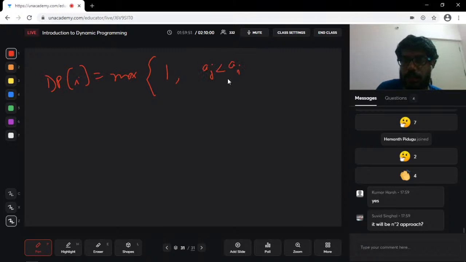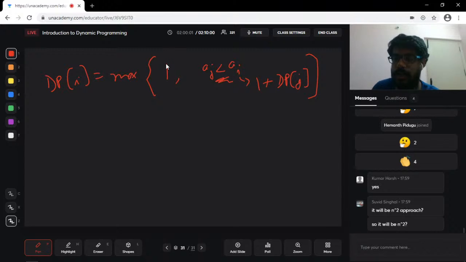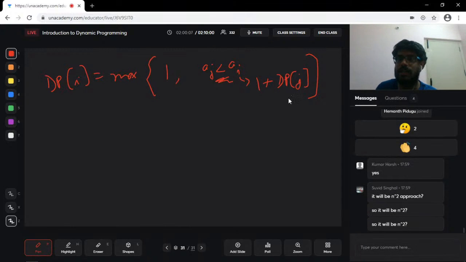Amongst all those things, consider 1 plus dp of j. Maybe there are no such j's, in which case it's just 1, right? But if there are some j's, consider all such j's and consider 1 plus dp of j and take the max amongst all of that. That is stored as dp of i.